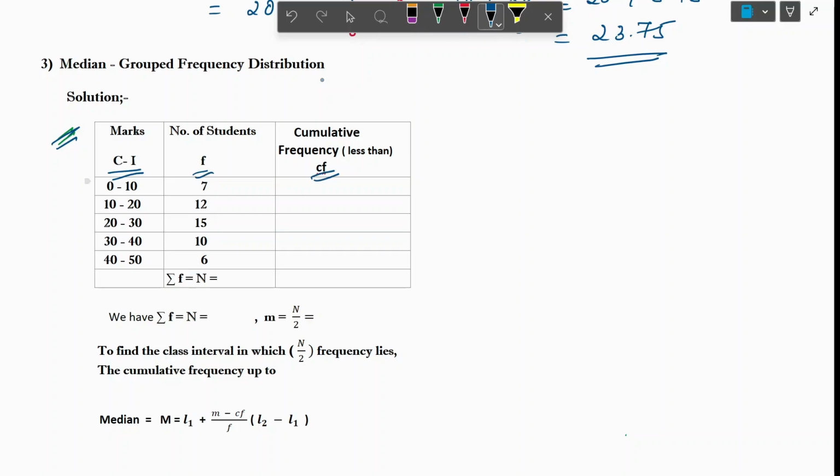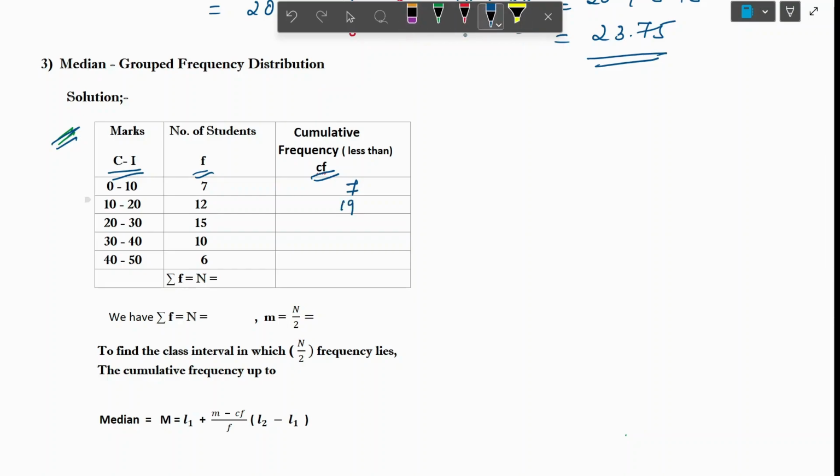Here 0 to 10 is 7, 10 to 20 is 12. We have already written the frequency values. We are going to fill the cumulative frequency column, starting with the lowest frequency. Then 12 plus 7 that we are adding, that is 19.